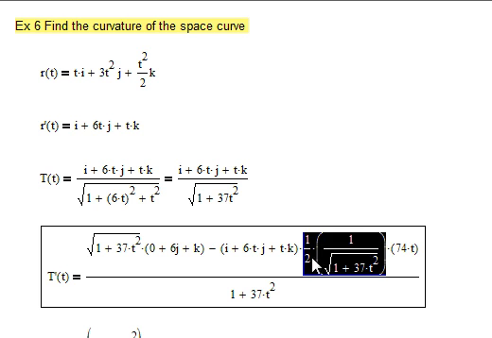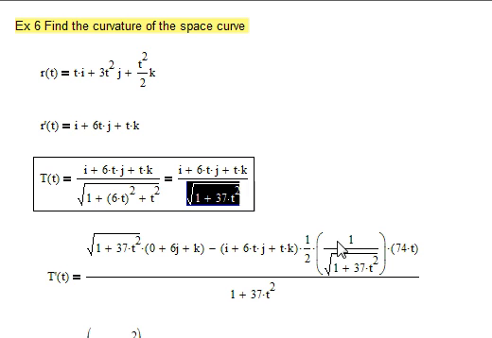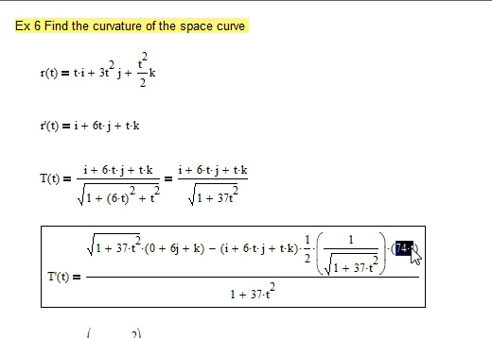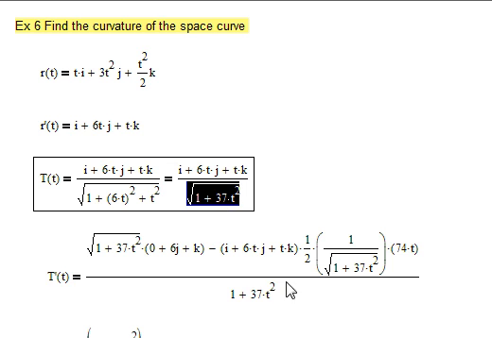So we've got a half times this to the negative a half, that's 1 over the square root of that, times the inside function, and right there it is, and all that over the denominator squared.